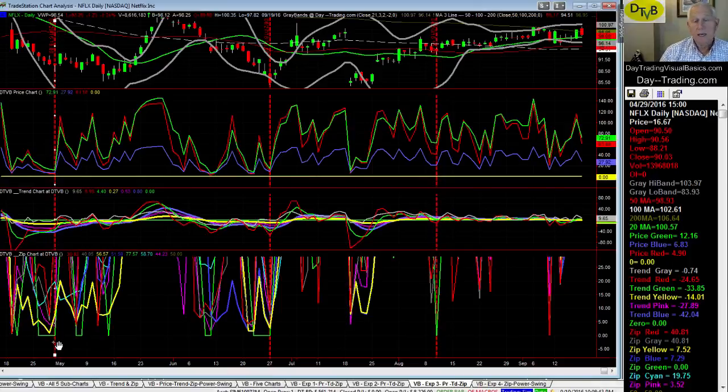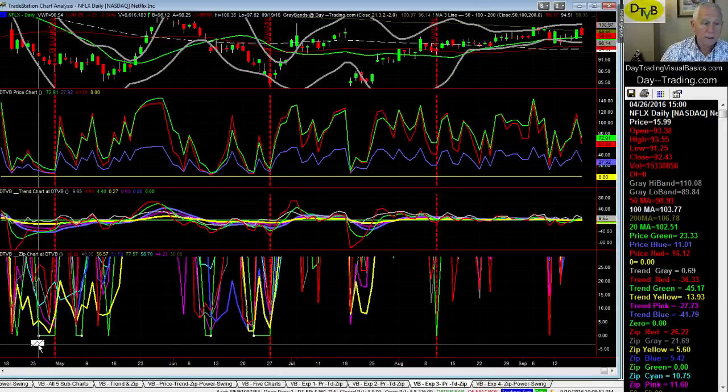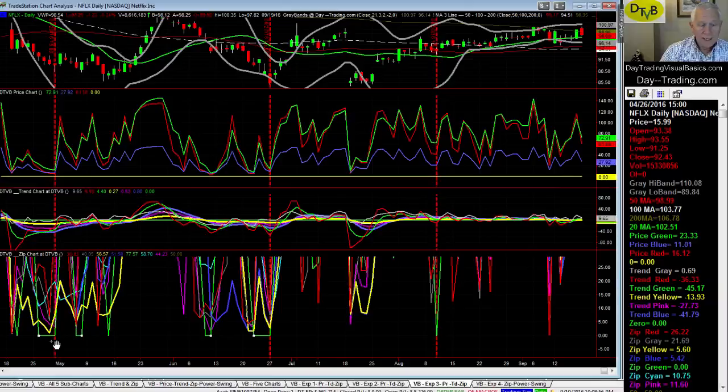I mean, many times it's under 1. But in this case, the zip green has been at 0. This is the fourth day. And so when zip pink finally drops down next to green, that's the signal for next day up. And that again is a real high probability.